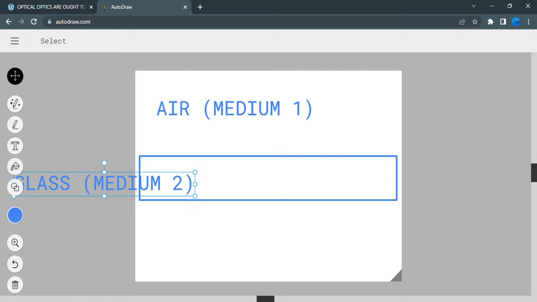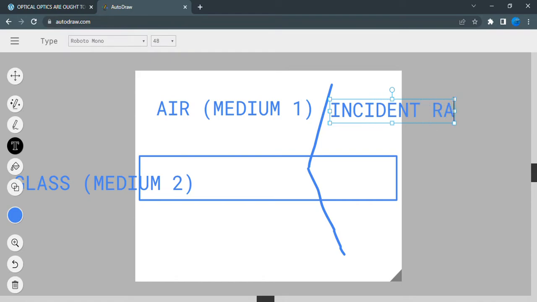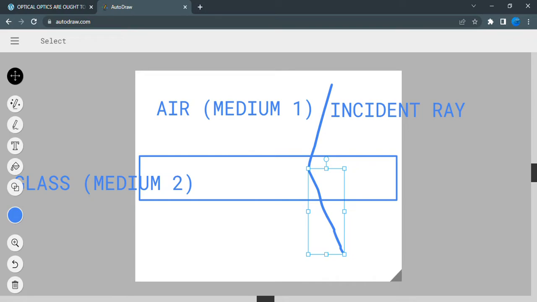Light will be going from the air to the glass, but there will be a change in the direction and speed of the light. The direction of the light is going to change. We call this the incident ray, similar to the plane mirror, but we need not get confused.